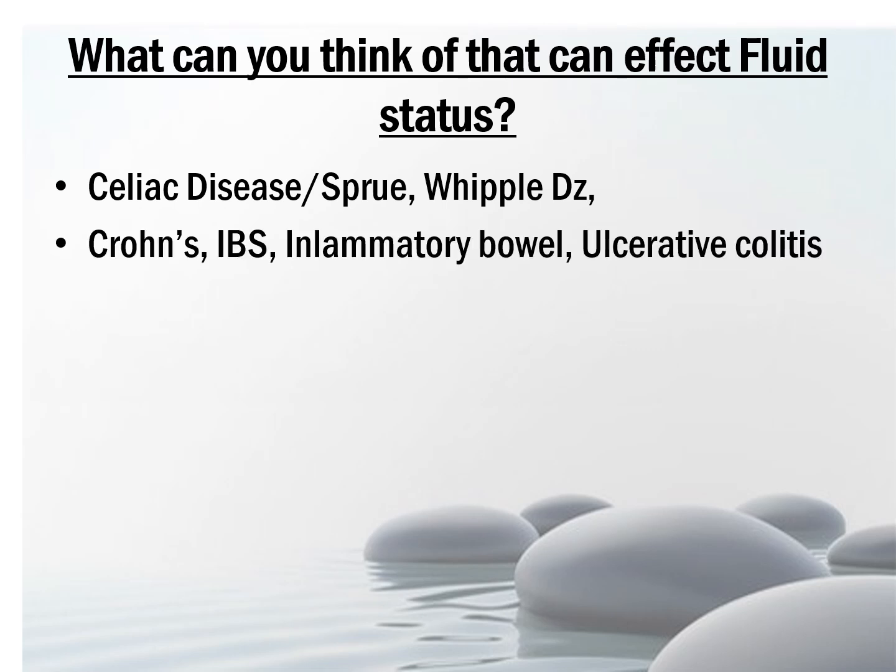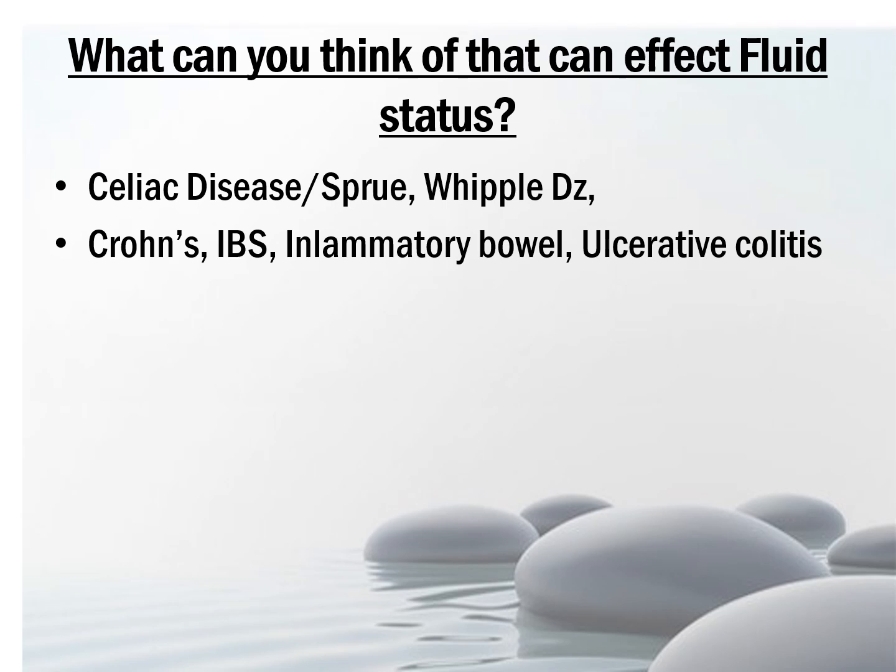Other conditions such as Crohn's disease, irritable bowel, inflammatory bowel, and ulcerative colitis not only cause things like diarrhea and liquid stools, so bear that in mind. Remember, any type of diarrhea is more liquid than we're used to our feces being. That means there's more fluid going out.